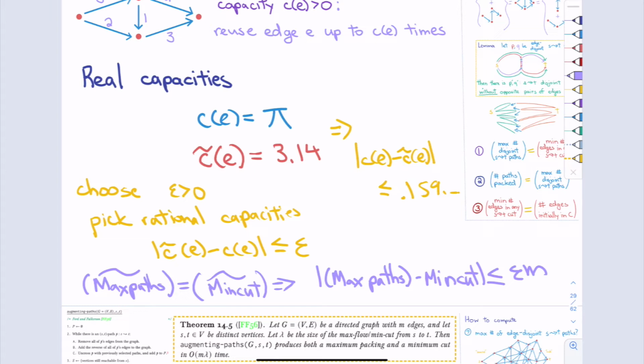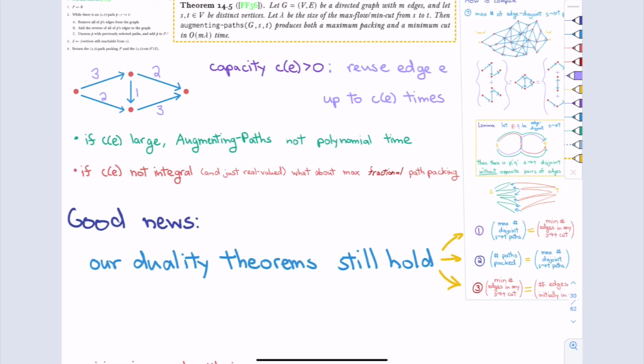All we've done is reestablish that also for real valued capacities, the maximum quantity of paths you can pack is still equal to the minimum capacitated s-t cut. And it's not really a big deal if they're real valued, rational, or integer, as far as the mathematics are concerned.